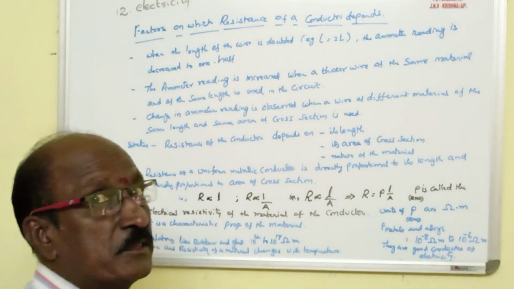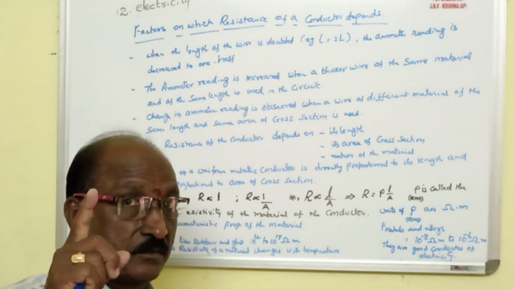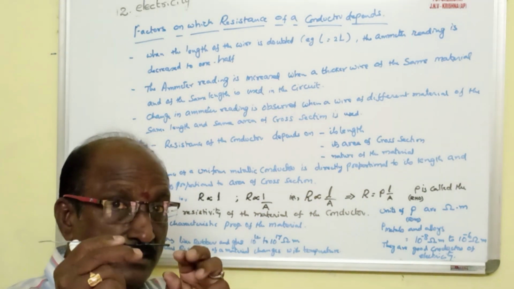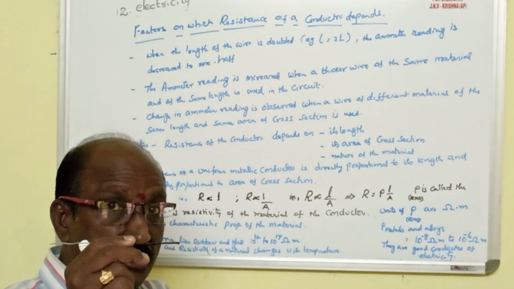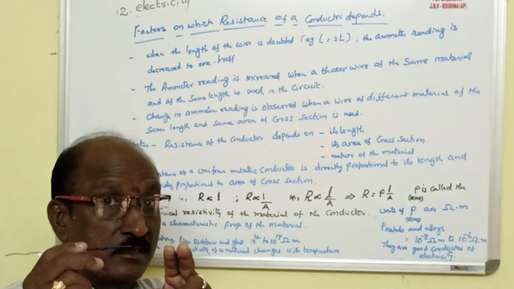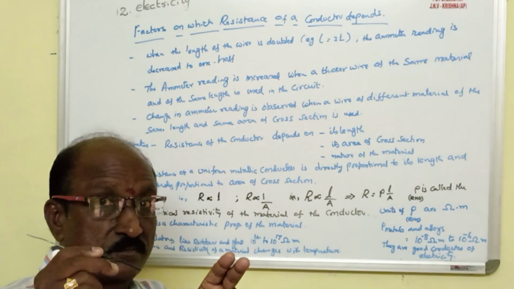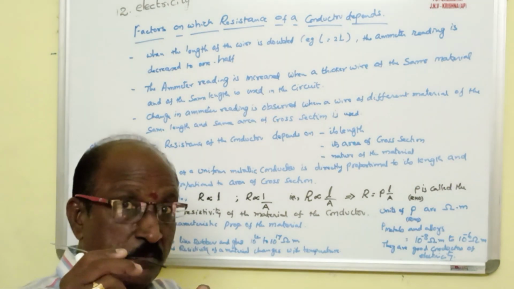The temperature must be constant. That is the thing we want to remember here in current carrying conductors. The temperature should not be changed. It is constant. That is the fundamental of Ohm's law.